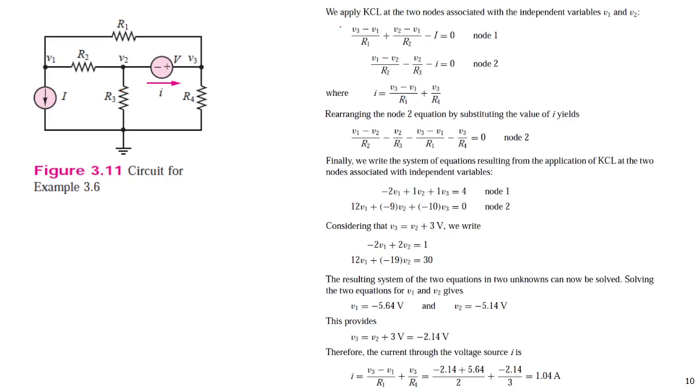Then we have KCL at node 1 and KCL at node 2 here. KCL at node 2 is I minus I here, and then V1 minus V2 divided by R2 and minus V2 divided by R3, right? This here is the node 2 equation.